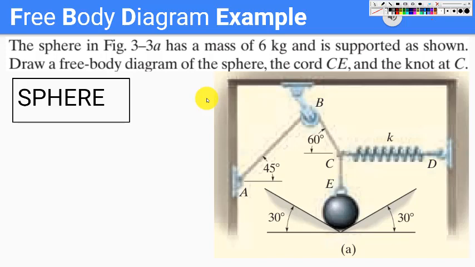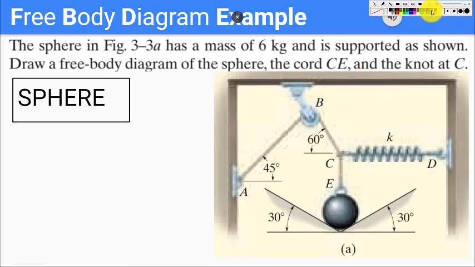Okay. So what was the first step? First of all, we draw an outline of our object. In this case, the outline is just a circle. So this is the outline. The next step was to draw all the forces acting on that sphere. First of all, we know that there is going to be a force of gravity which is acting downwards.